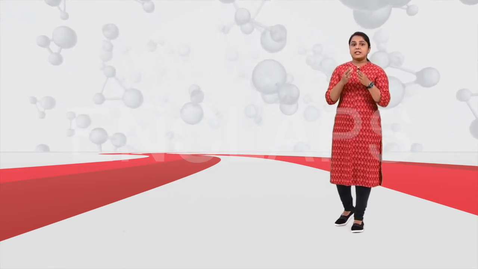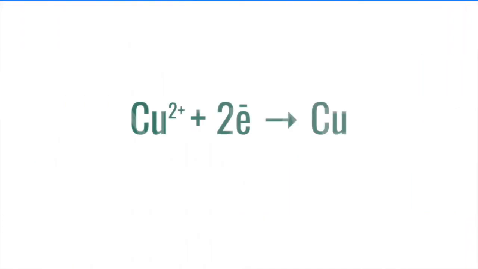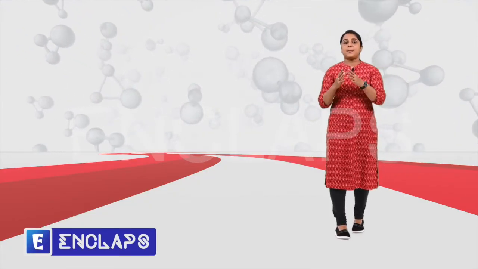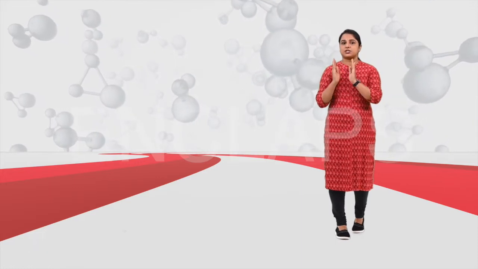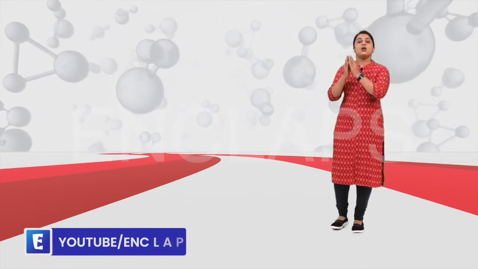Let's see the reaction on the copper electrode. Cu2+ plus 2 electron gives Cu. Copper ion changes to copper by accepting 2 electron. That means copper undergo reduction.